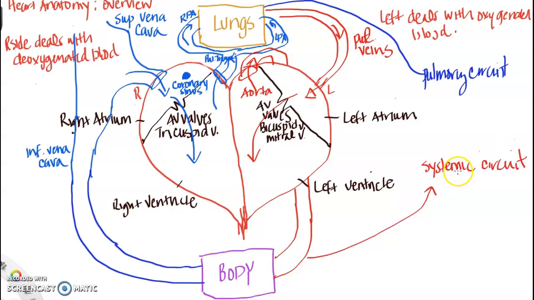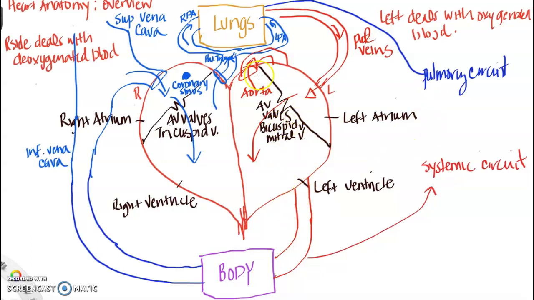And the systemic circuit deals with oxygenated blood, sending it out to the body tissues. The pulmonary circuit deals with deoxygenated blood, getting it oxygenated in the lungs to go back out to be dispersed into the body.